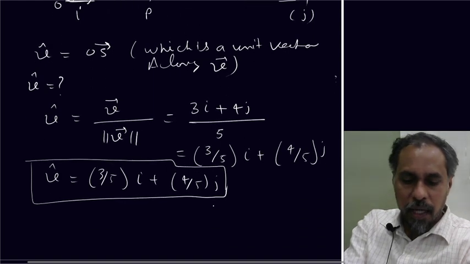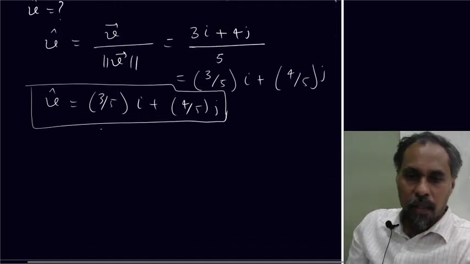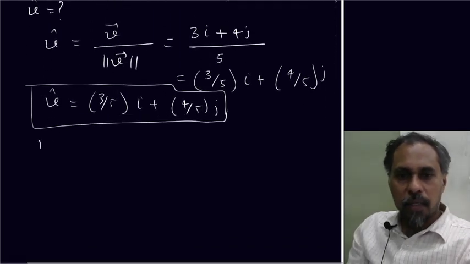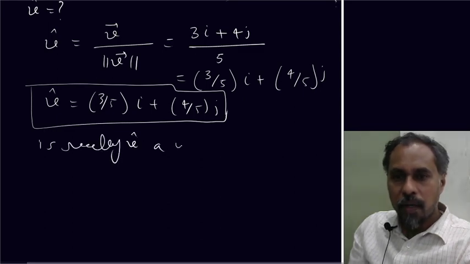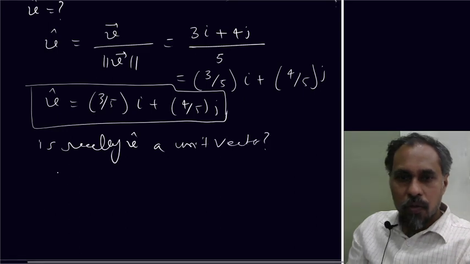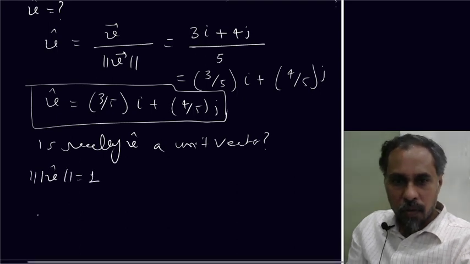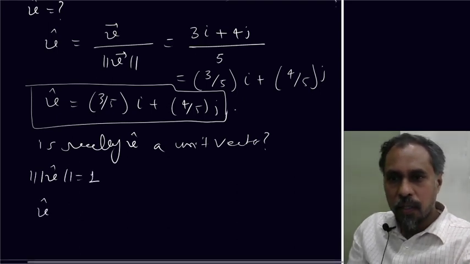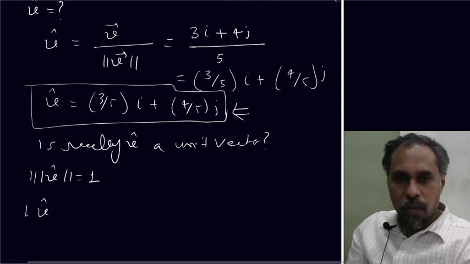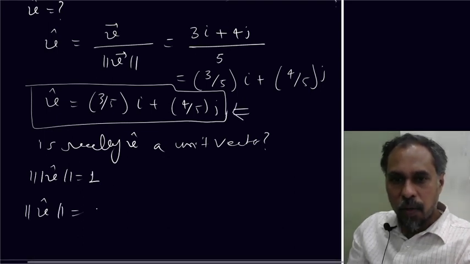So can I check that v cap is really a unit vector? If it is a unit vector, it means this condition, norm of v cap, must be equal to 1. So we can easily calculate, by looking at this vector form, the norm of this vector by using the Pythagoras theorem.